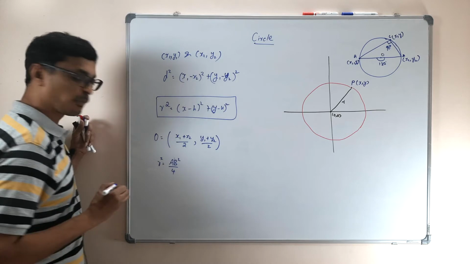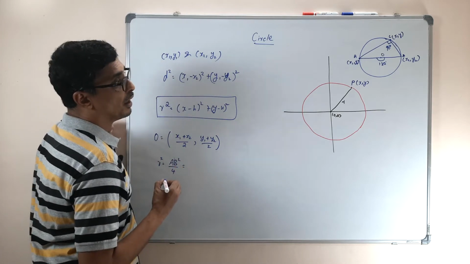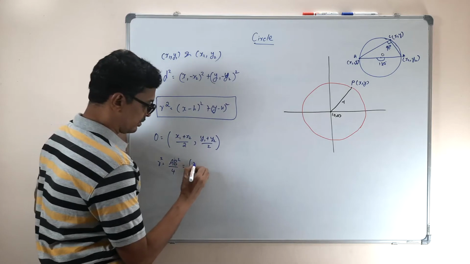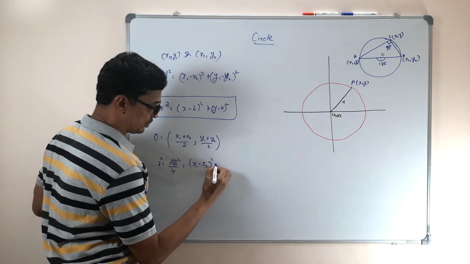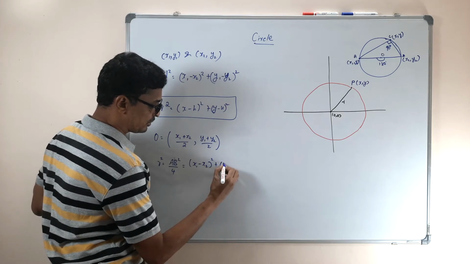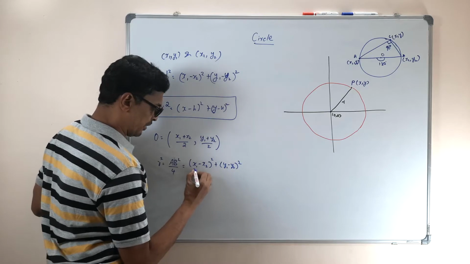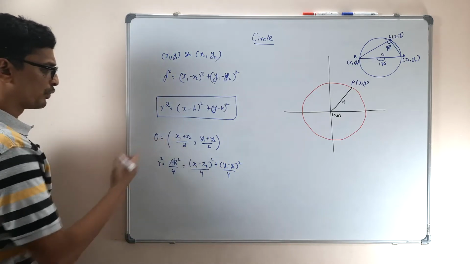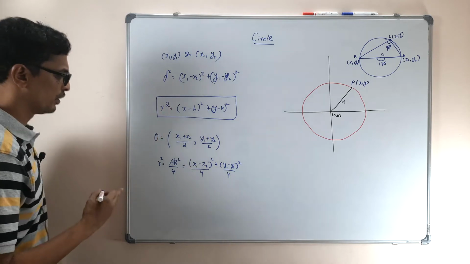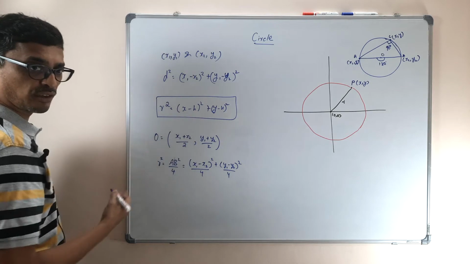Am I right? Correct. So what is AB squared by 4? x1 minus x2 whole square plus y1 minus y2 whole square divided by 4. We have 4 by 4. Now you know this one, so substitute in this formula: r squared equals x minus h squared plus y minus k squared.